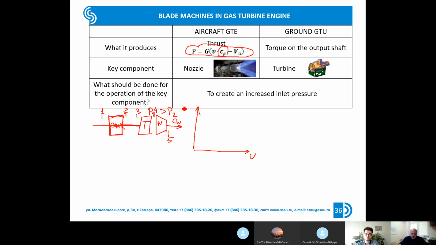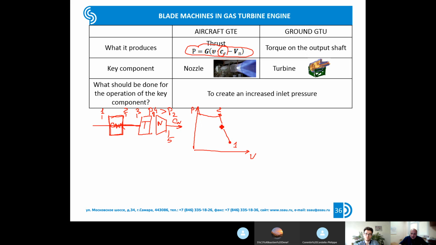This is specific volume, this is pressure, and let's start from point number 1. We take the air at this condition and compress it, and we provide adiabatic compression in the compressor. The adiabatic line will look like this.